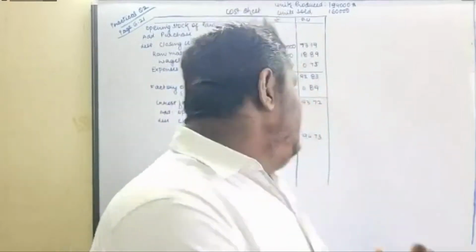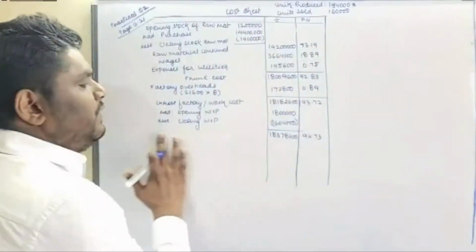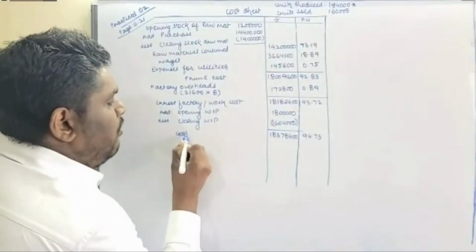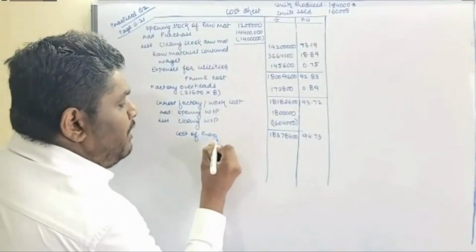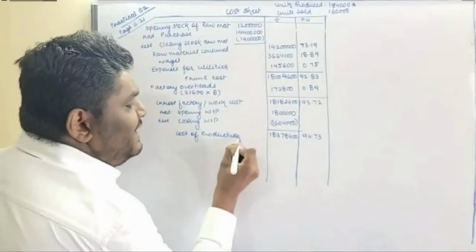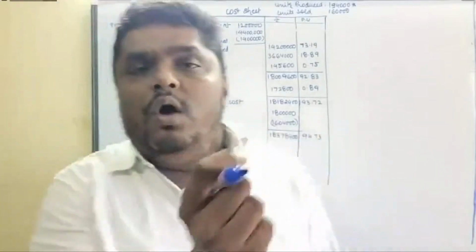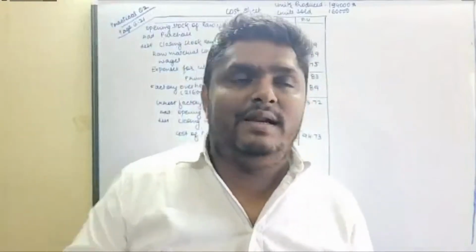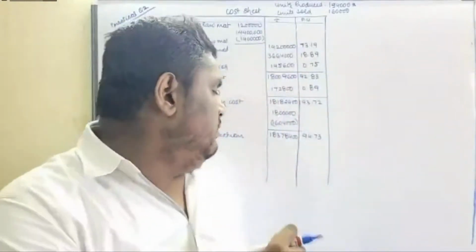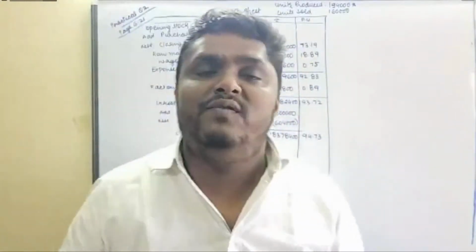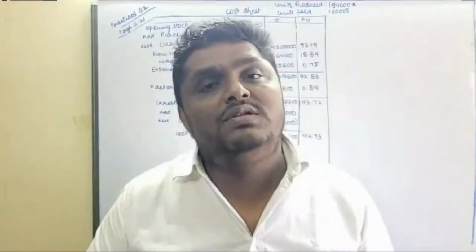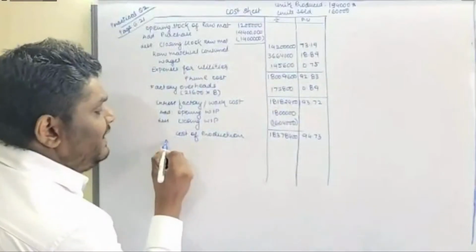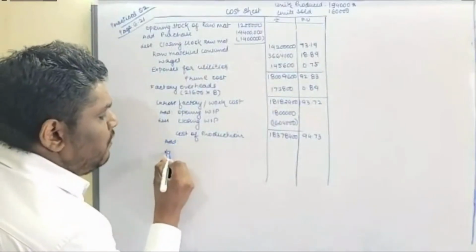So instead of writing factory cost or work cost, this will be my cost of production, since no information is given as regards quality control cost, research and development cost, etc. So the total cost, that is 1 crore 83 lakh 78,400, is my cost of production. Now in this we will make adjustments of opening and closing stock of finished goods.